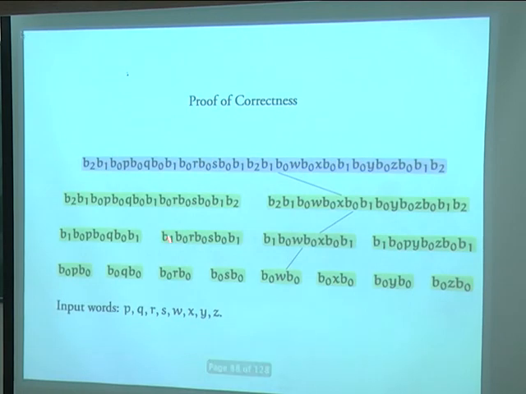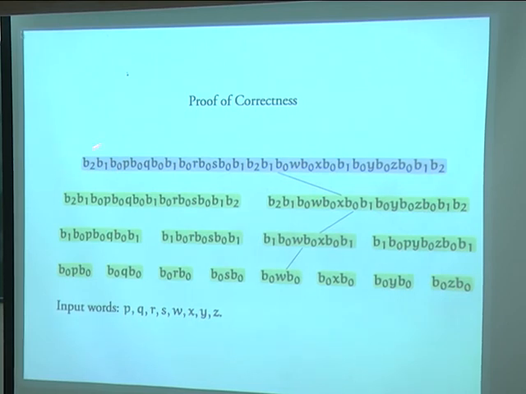So here is an example with 8 instances. So if P, Q, R, S, W, X, Y, Z are the leaves of this tree, B naught is a character attached to each of those at this level, and then we attach B1, then attach B2, and we probably do not need to attach a B3 here at this root.